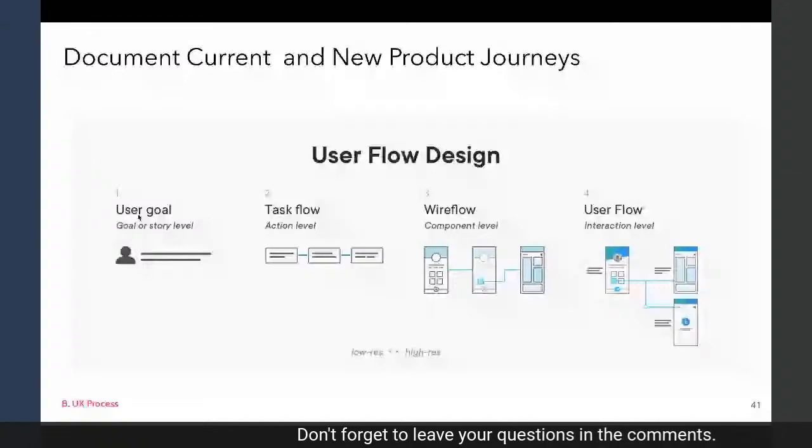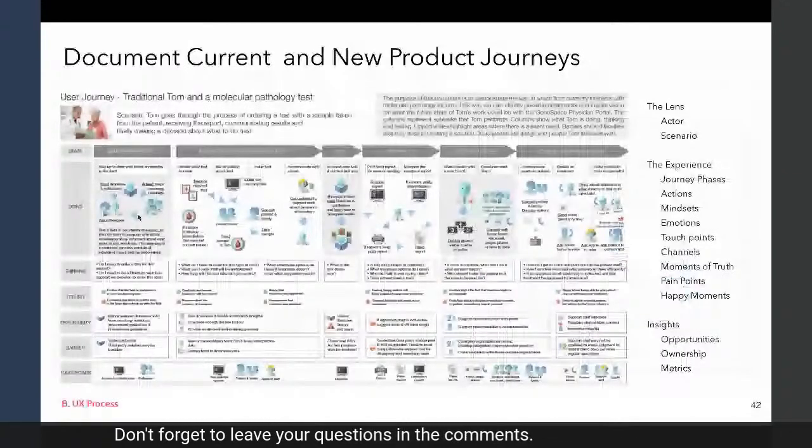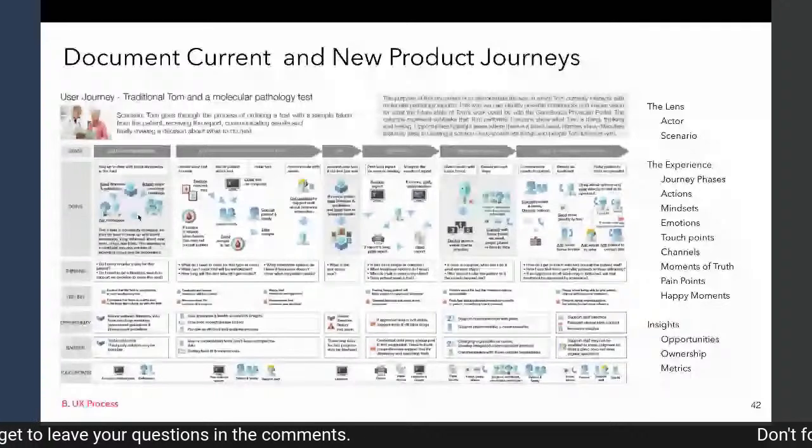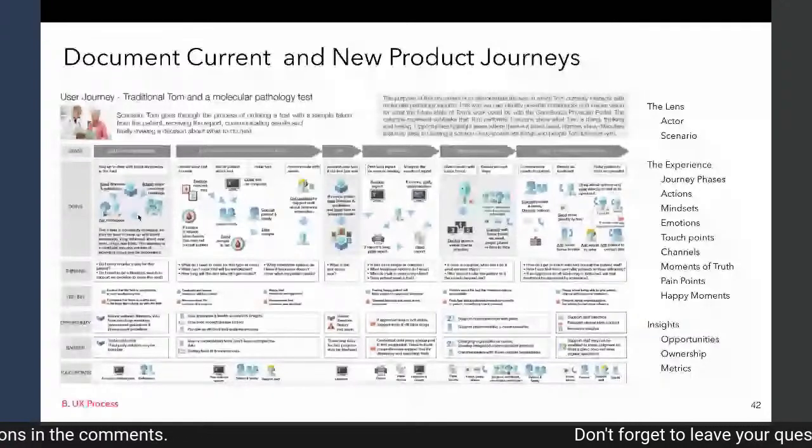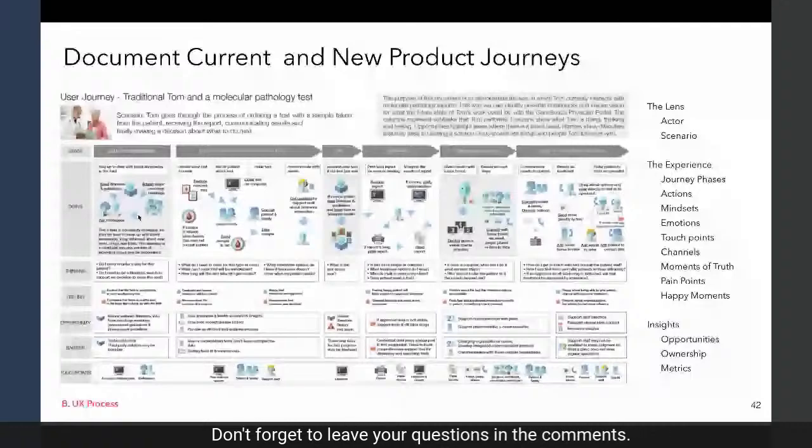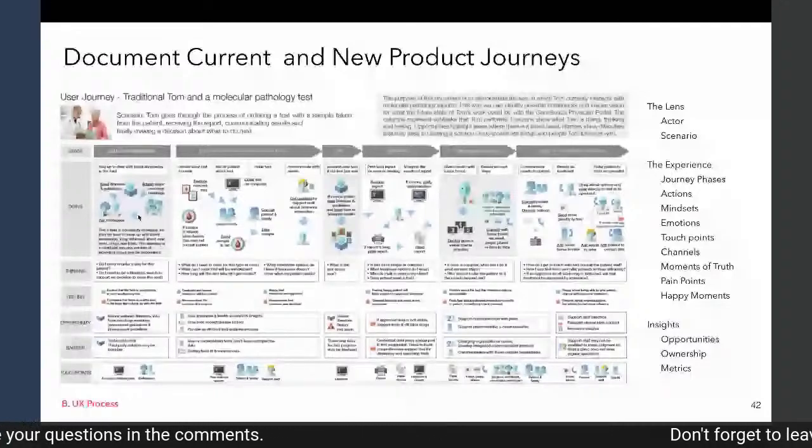All right. So this is an example of a customer journey. This is very detailed, just to give you an idea of the total interaction that we try to map out so that we can get an idea of how this will be implemented.